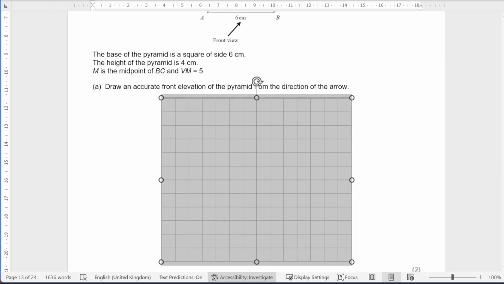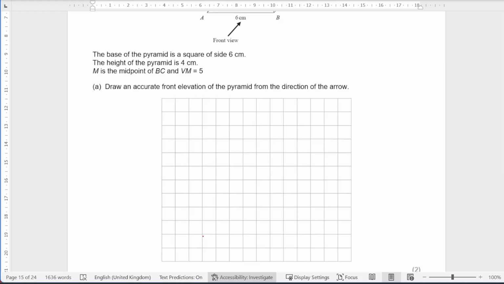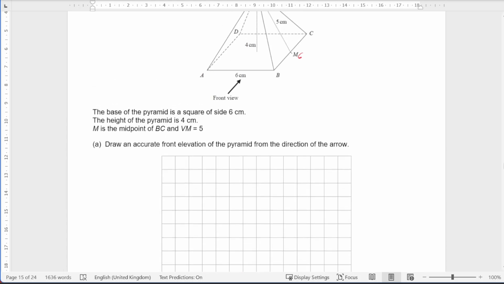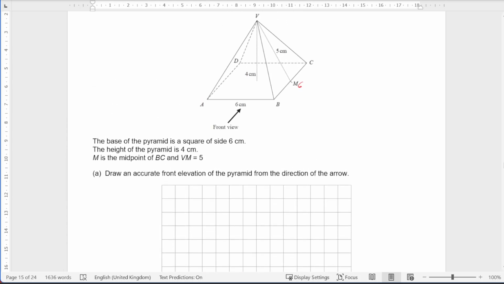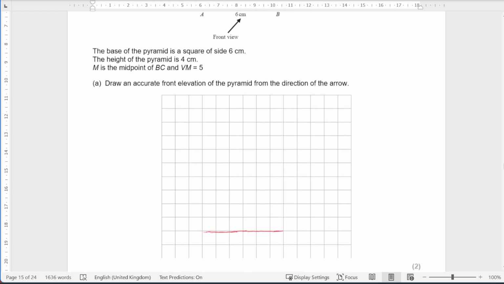So most people are absolutely fine in spotting that this base has got to be 6. What people struggled with is the height. They struggled with picking whether the height was 5 or the height was 4. If you think about the actual height, from the side elevation, you don't see the slant height, you see the vertical height. So the height of the pyramid needed to be 5.